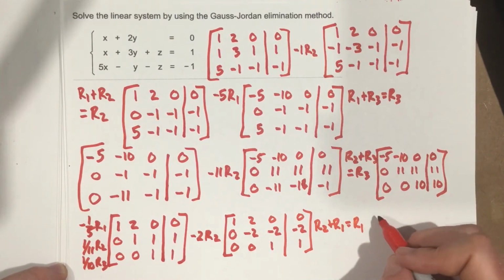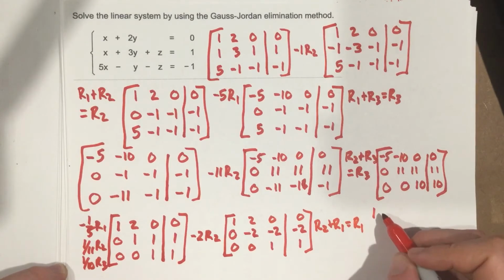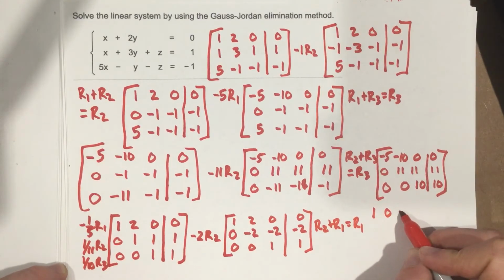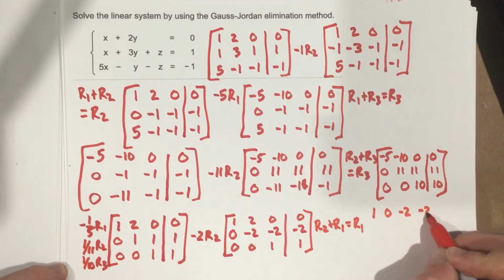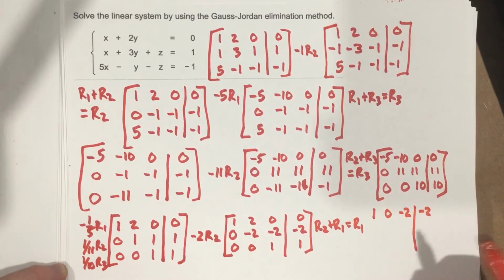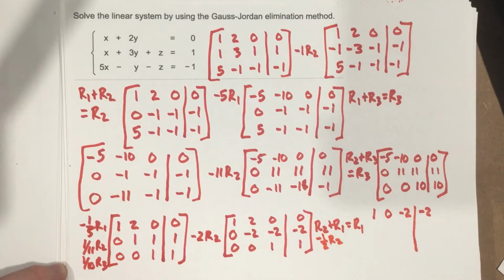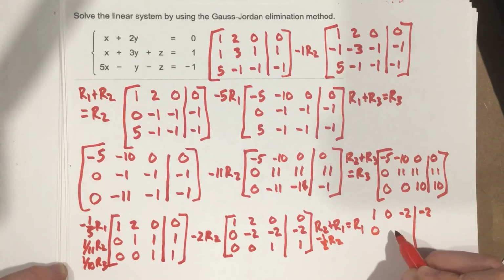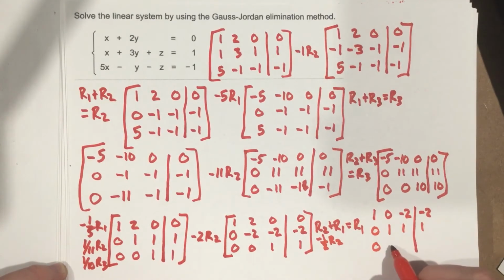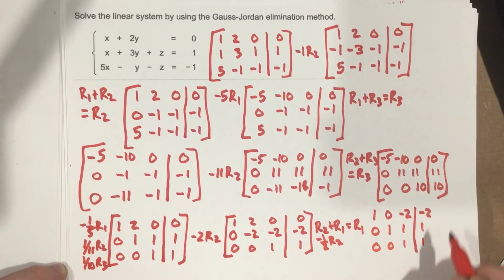That's going to give you 1, 0, negative 2, negative 2. And in the middle row, I'm actually going to take that back to what it was originally, so I'm going to do negative 1/2 times row 2. That will give you 0, 1, 1, 1. And we have 0, 0, 1, 1.